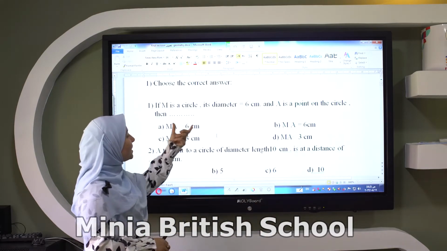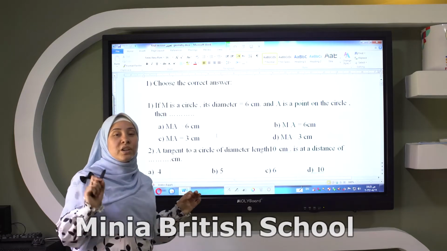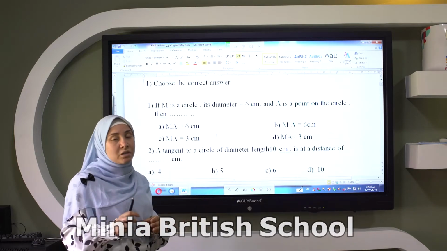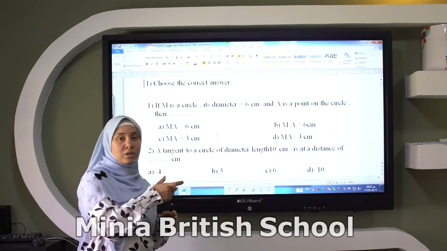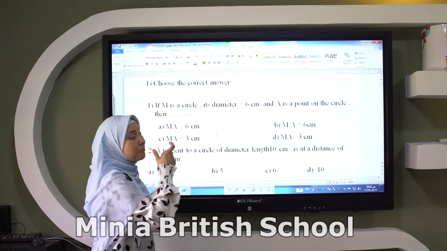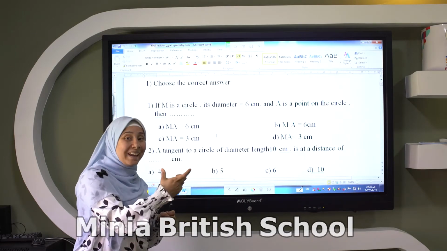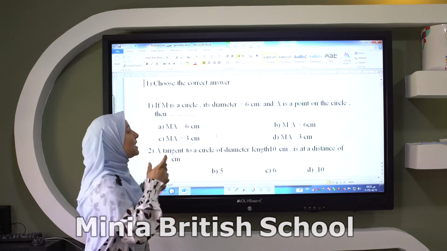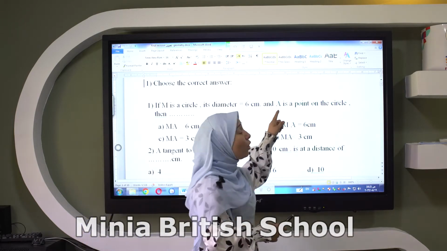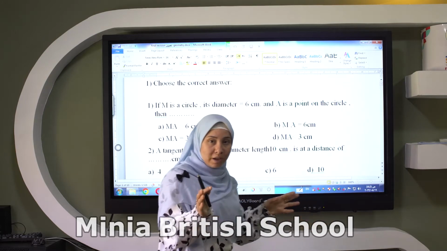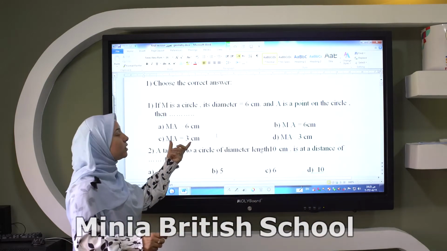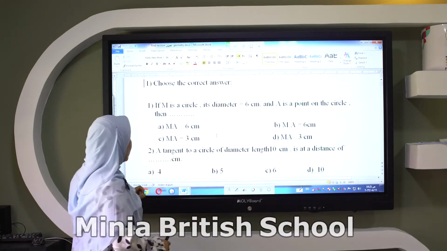Okay, the diameter equals 6, so the length of the radius equals 3 centimeter. So the length between the center of the circle and the point A equals what? Equal 3, because it's a point on the circle. Okay, so MA equals 3 centimeter.